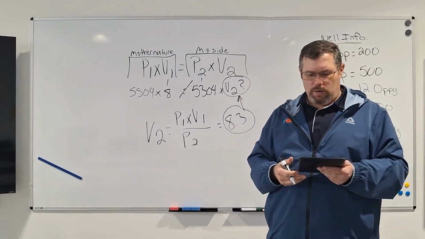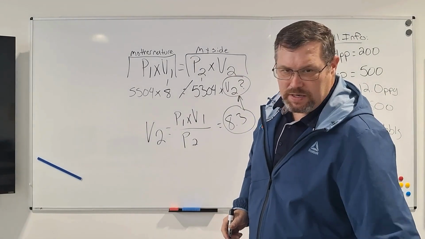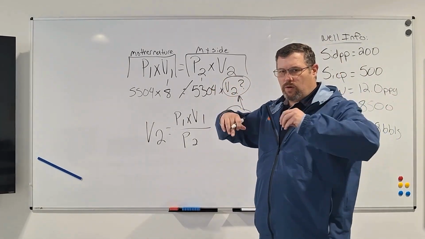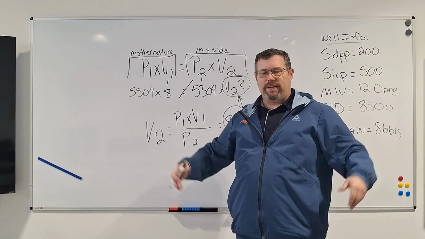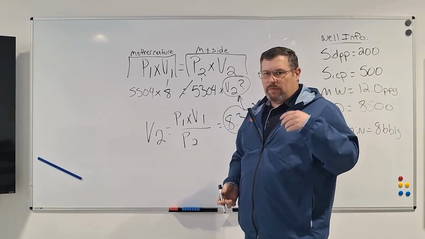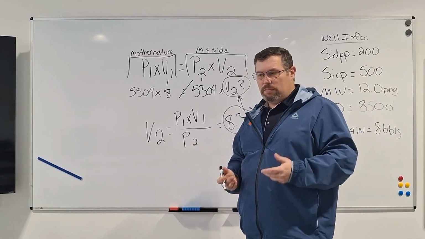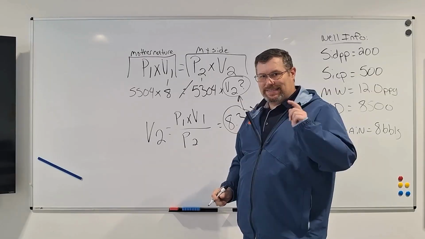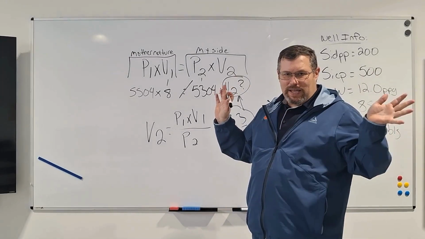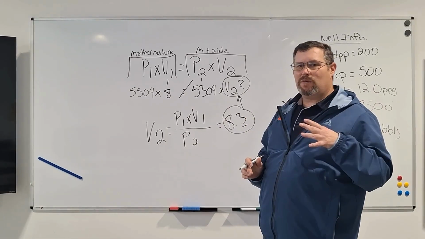And why is this important? Well, what happens in our industry, we just say, hey, 8 barrels. We start making room in our tanks for X amount of returns as that gas bubble is coming up the wellbore. But when you get into volumetrics and the lube and bleed, that right there is something that has to be accounted for. Generally, most people would just forget it. But this is why Boyle's Law is so important.